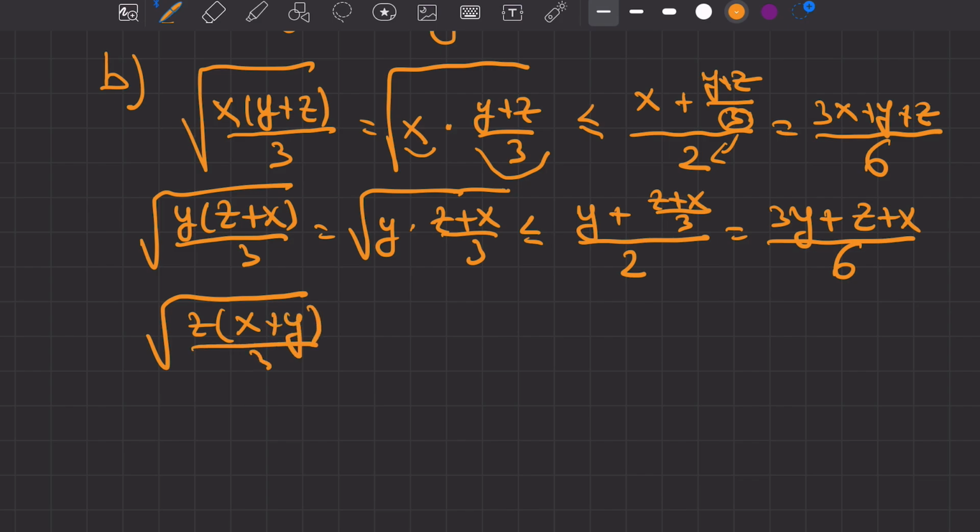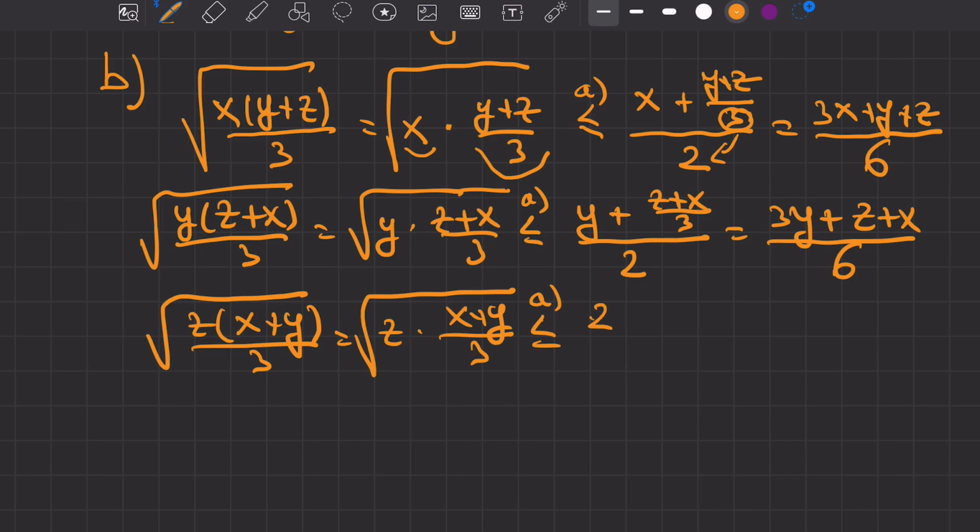We rewrite it as the square root of z multiplied by (x plus y over 3). Apply the inequality again from point A, like I've mentioned, and we get that it's z plus (x plus y) over 3, divided by 2, and this gives us (3z plus x plus y) over 6.